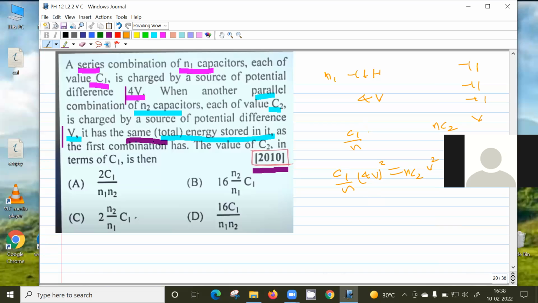V square will cancel. So C2 equals N2 by N1 into 4 square, 16.